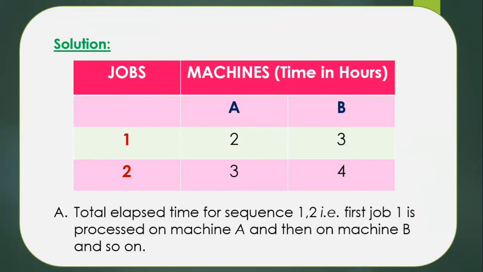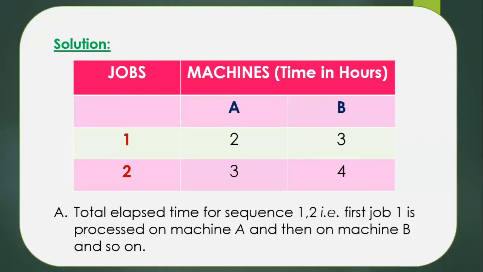Based on our problem, we have 2 jobs, job 1 and 2, and we also have 2 machines. We have machines A and B. Now remember, job 1 can be processed in machine A for 2 hours and machine B for 3 hours. And job 2 can be processed in machine A for 3 hours and machine B for 4 hours.